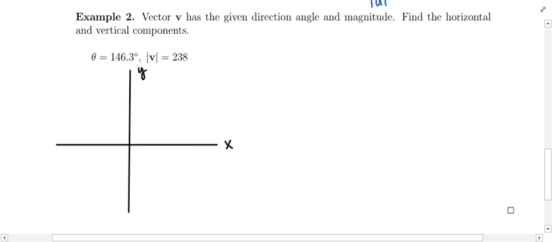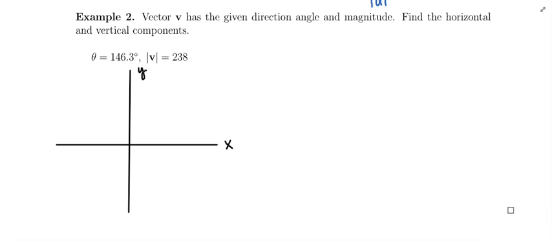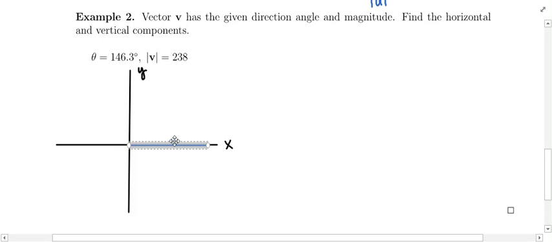What is really going to matter here is the direction angle. We need to eyeball it. It's 146.3 degrees. Remember, to draw a direction angle, it has to be positive. You need to align yourself with the positive x-axis and rotate counterclockwise through an amount of 146.3 degrees.